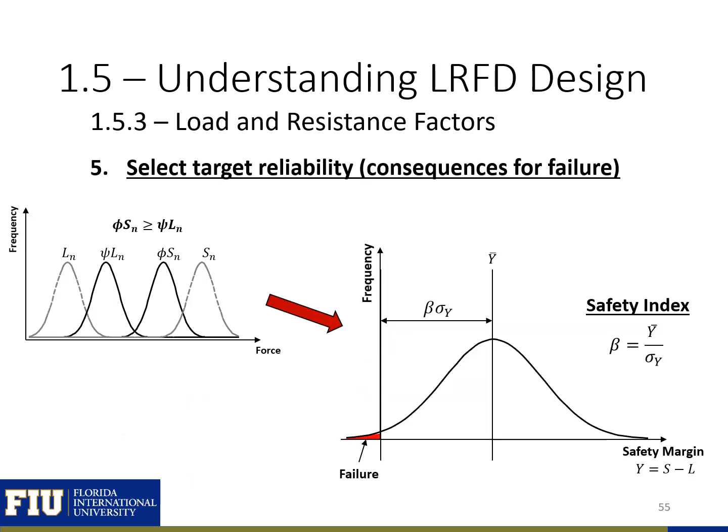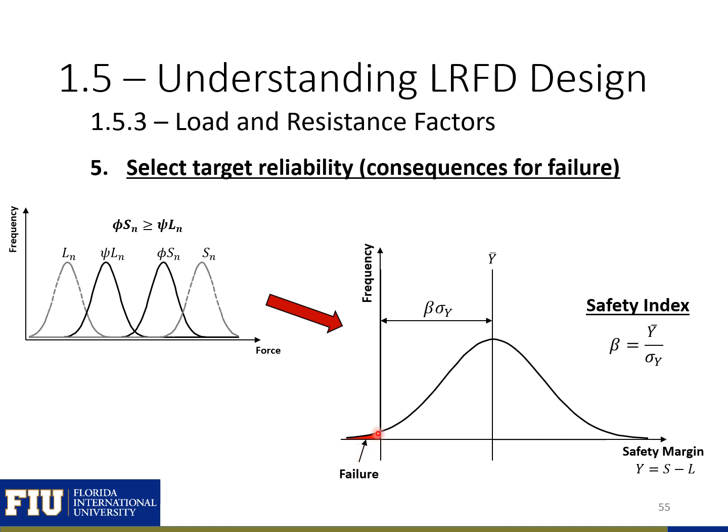The next thing that we want to do is select our target reliability, or our consequences for failure. And to do this, we'll create a new plot with our safety margin. Our safety margin Y is just our strength minus our loads. So if we have a positive Y, we have a safe design. If we have a negative Y, this means that our loads are greater than our strength and we have failure.